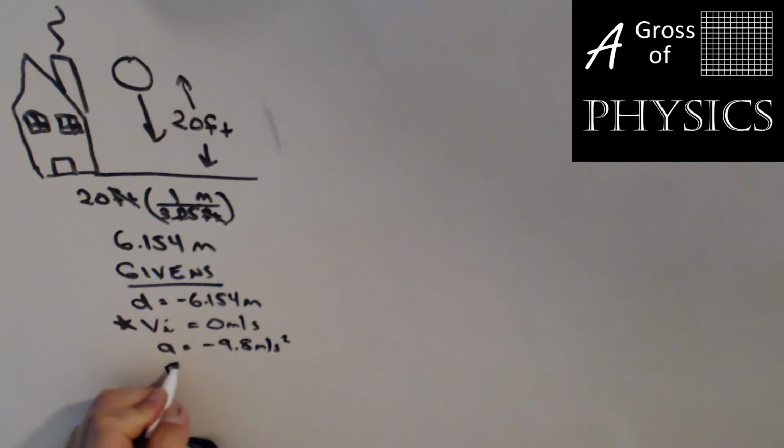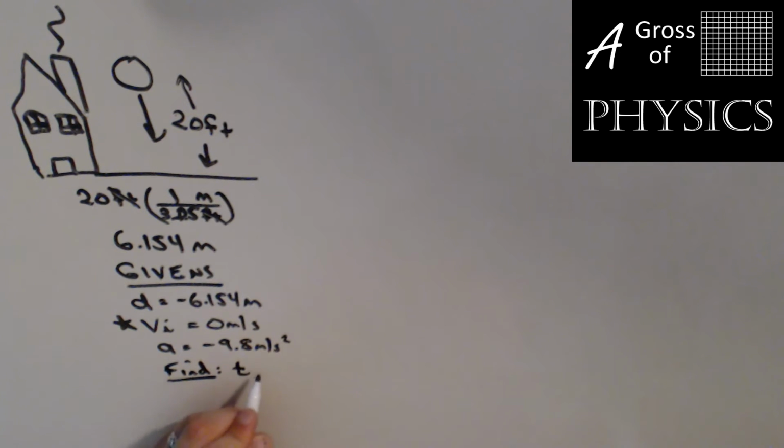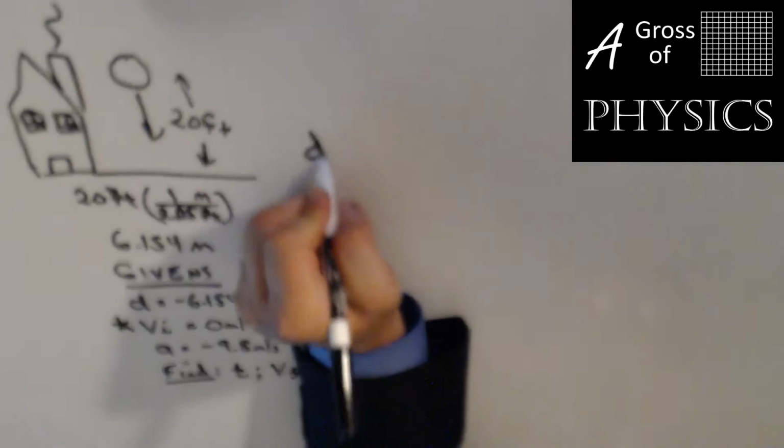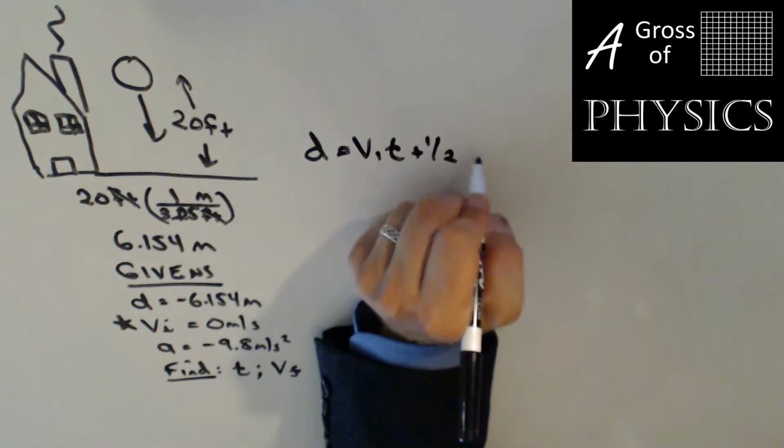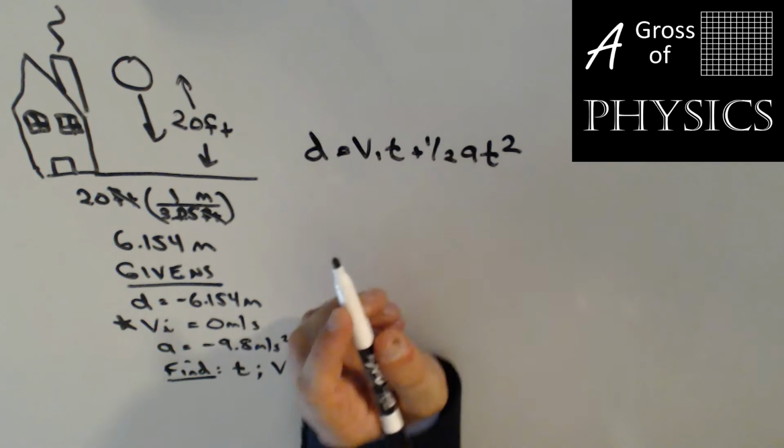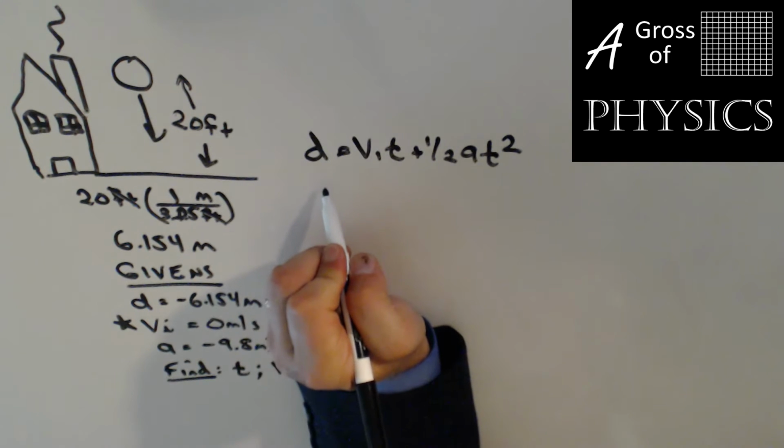And we want to find how long it will take, t, and how fast we'll be moving, VF. So, looking at the variables that we have, I'm thinking equation 4 would be appropriate. D equals VIT plus 1/2 AT squared to solve for t.